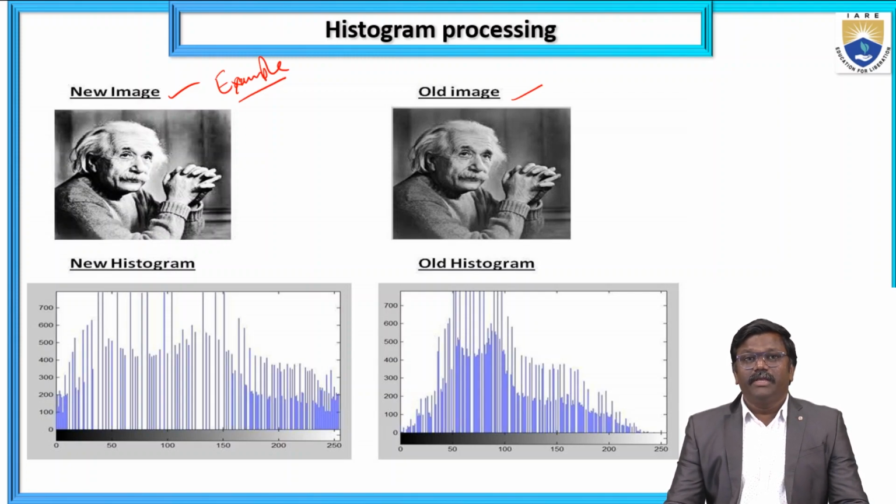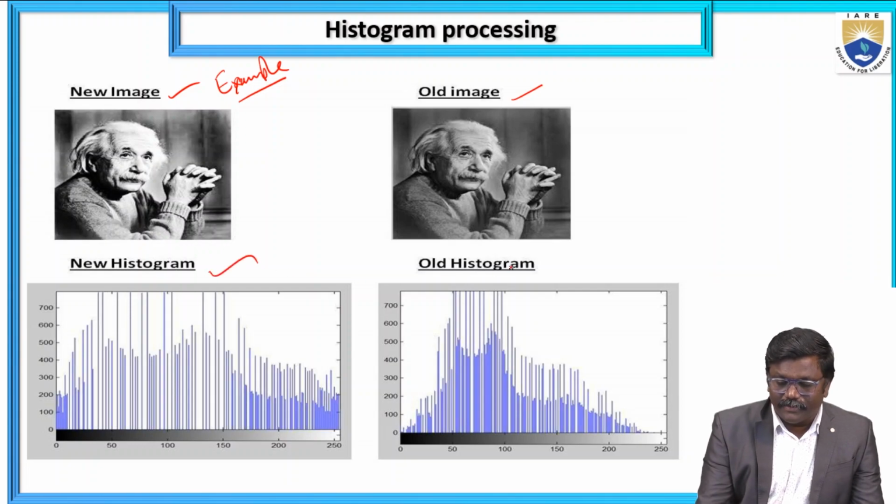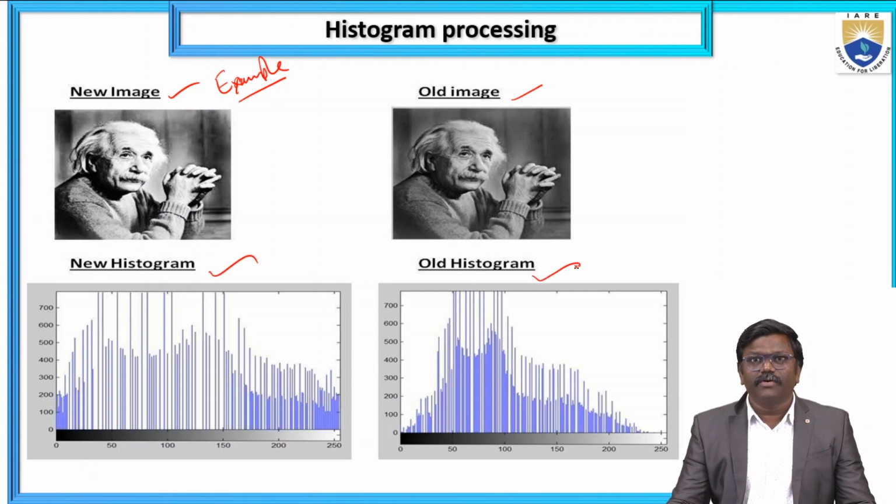So here we have the new histogram and the old histogram. The corresponding histogram of the new image is the new histogram equalization, and that of the old image is the old histogram values.